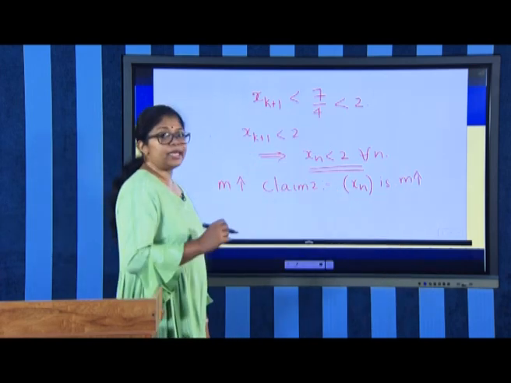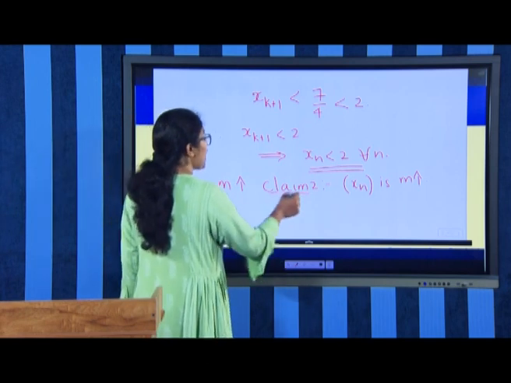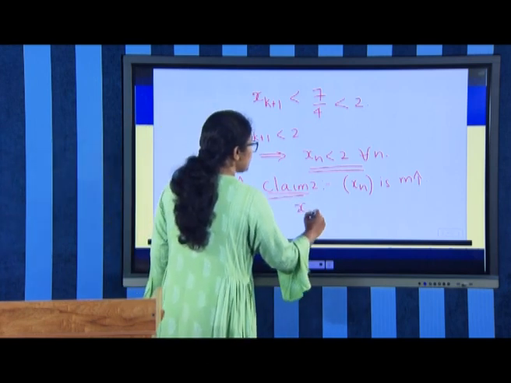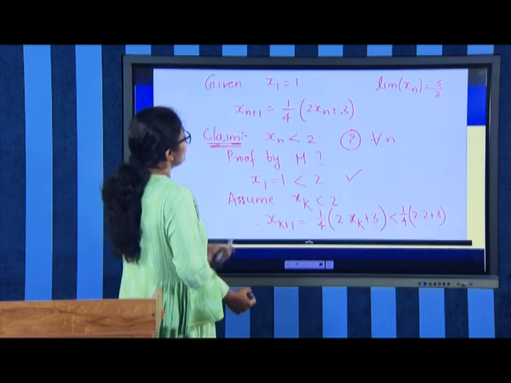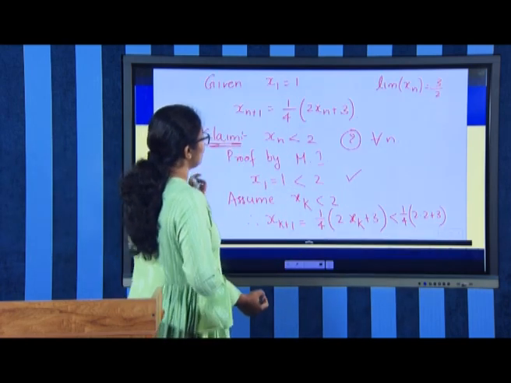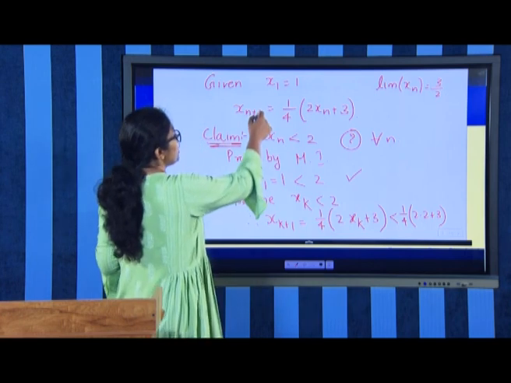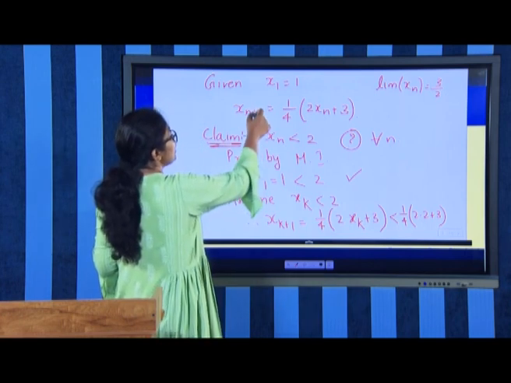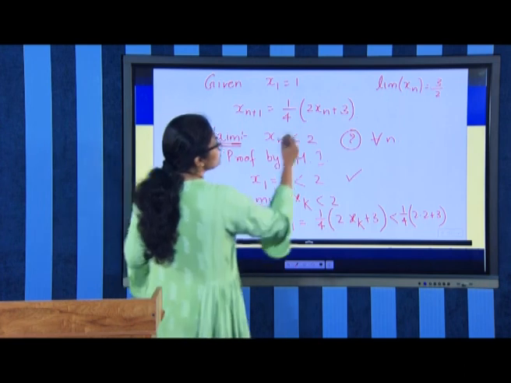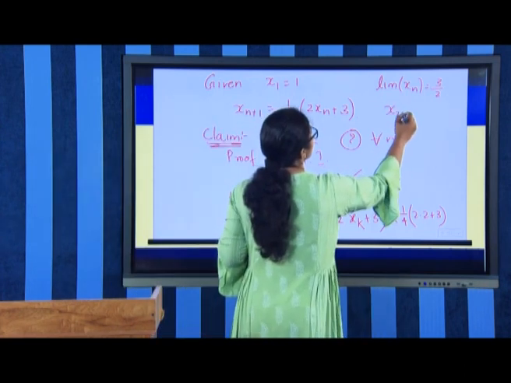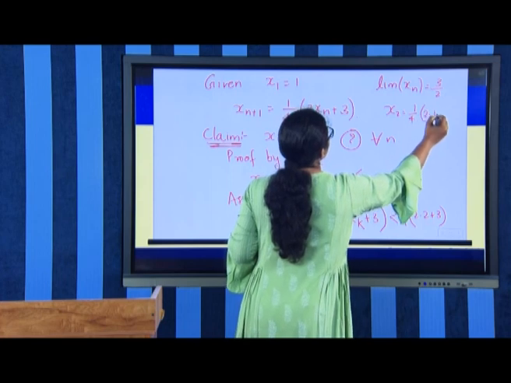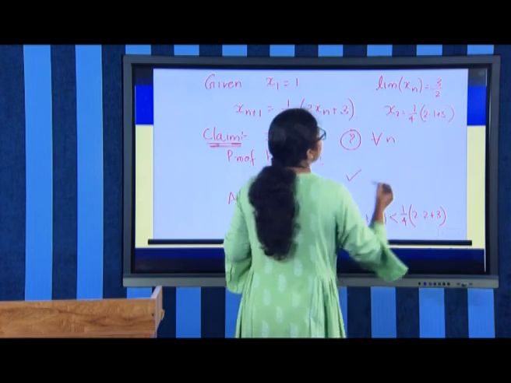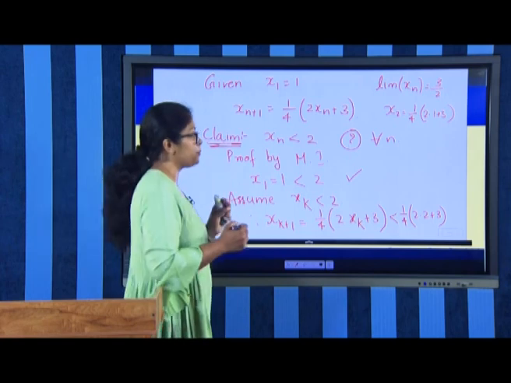Again, we apply induction here. What was x2? x1 is given to be 1, so you have to apply n equal to 1 in this definition. x2 will be 1 by 4 into 2 into 1 plus 3, that is equal to 5 by 4.